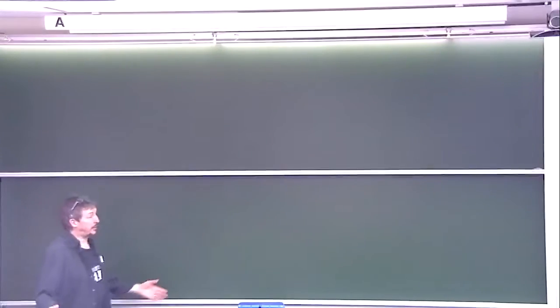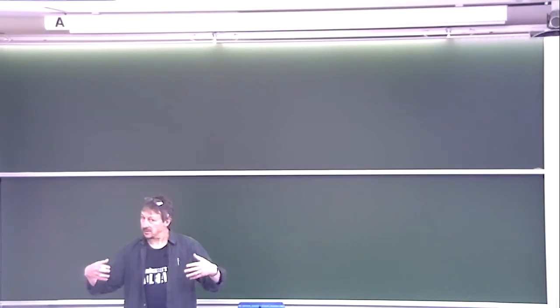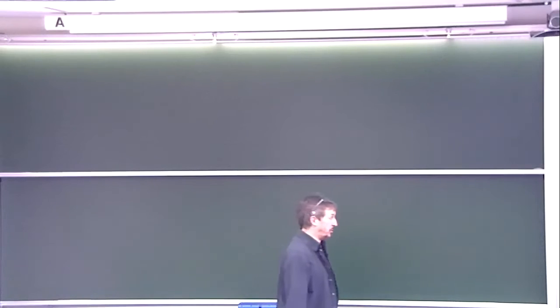When you're studying a dynamical system, the first question is, well, we want to understand the dynamics. The most simple dynamics is equilibrium points. So let's start by talking about equilibrium points.